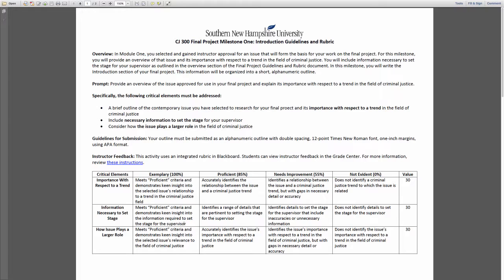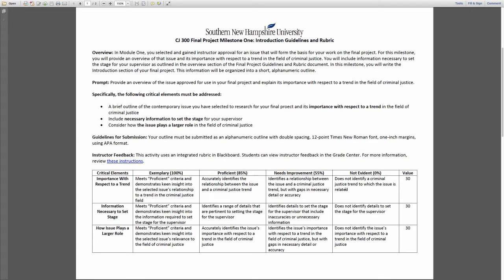If you want to earn an exemplary score, you have to meet the proficient requirements and demonstrate a keen insight to the information required to set the stage. Next up is how the issue plays a larger role. Proficient says it accurately identifies the issue's importance with respect to a trend in the field of criminal justice. And again, a keen insights, more insights into it.